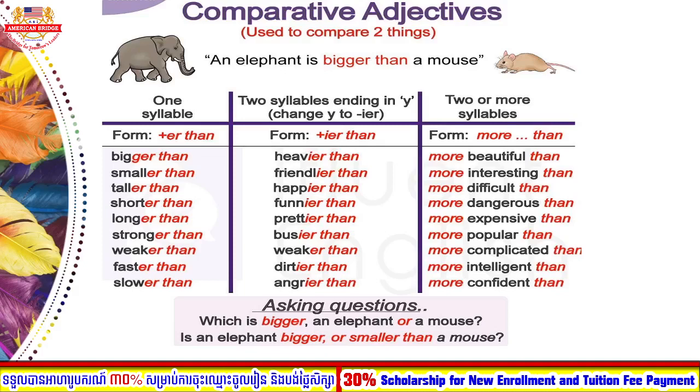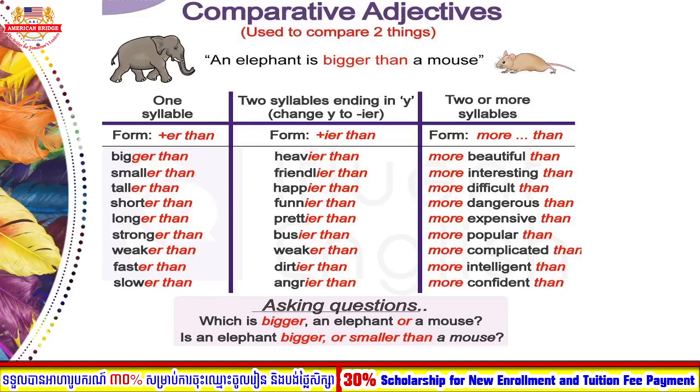That's why we say, an elephant is bigger than a mouse. With one syllable, don't forget to add er, and after that, than. With two syllables, change y to ier, and then put than. And with two or more syllables, after you put more, don't forget to put than.